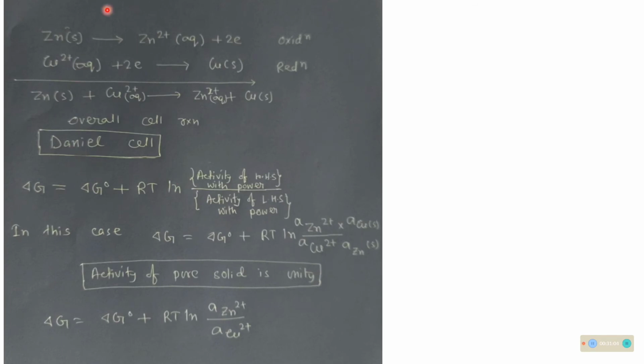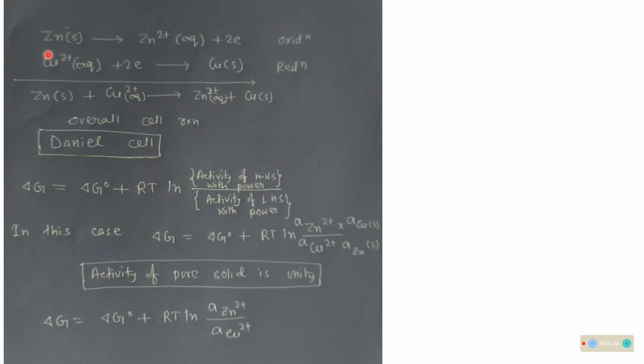See, in this case, zinc oxidation will occur, and copper reduction will happen. If we combine these two reactions, we get Zn plus Cu2+ giving Zn2+ plus Cu.